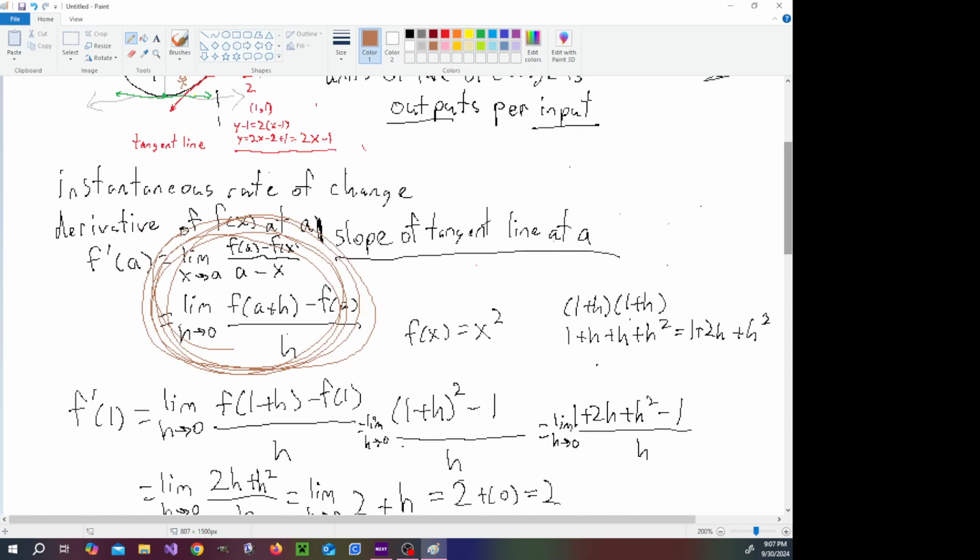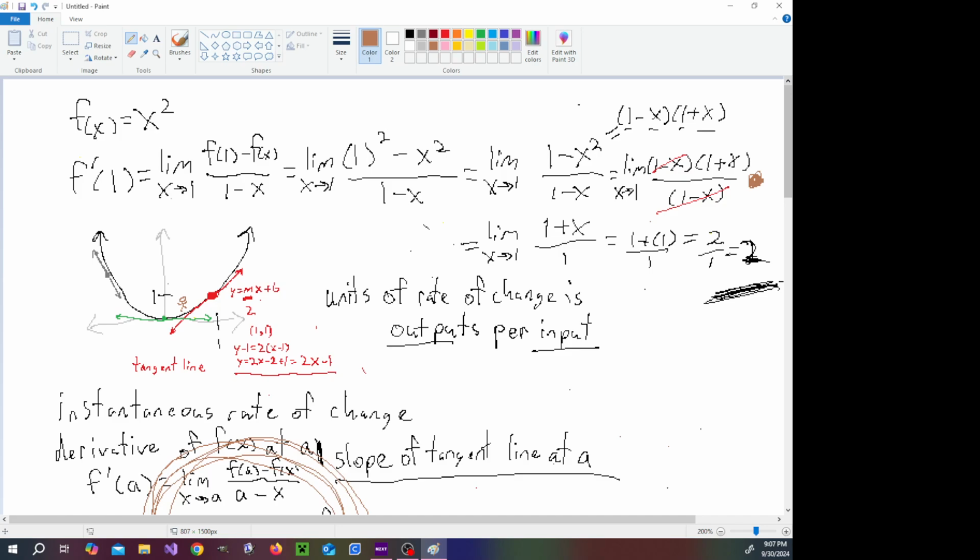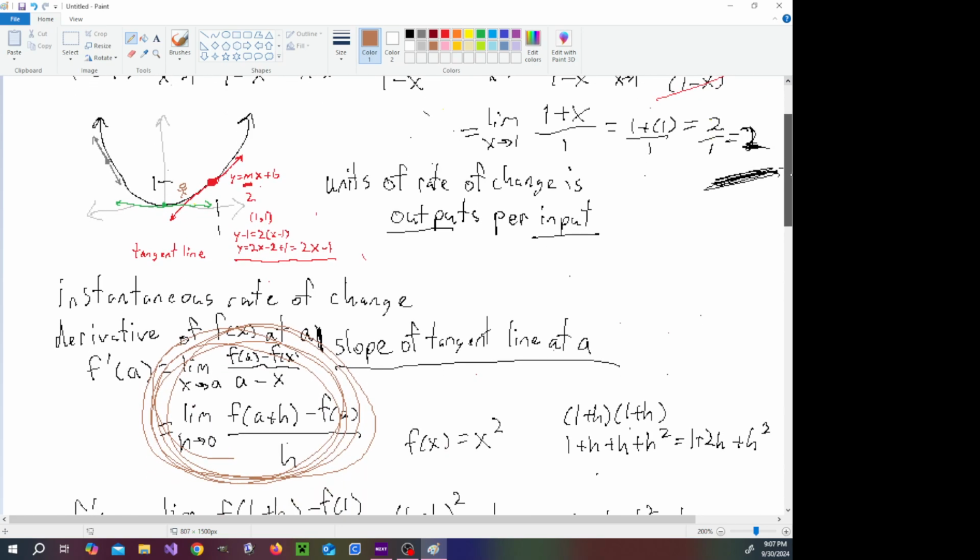Whereas on top, you just had to be clever with how you use the algebra to rewrite it. So the work is kind of up to you to decide what you prefer to do. Anyways, that's 2.1. We have two formulas for the derivative, and they both give us the slope of the tangent line at a, the rate of change at that point, instantaneous rate of change.